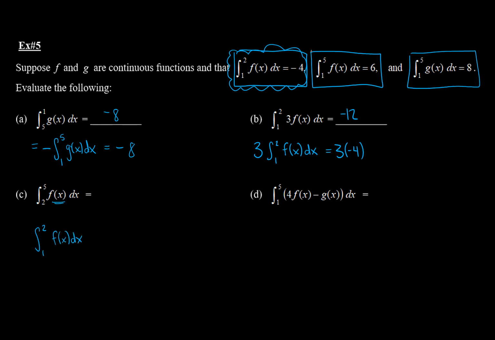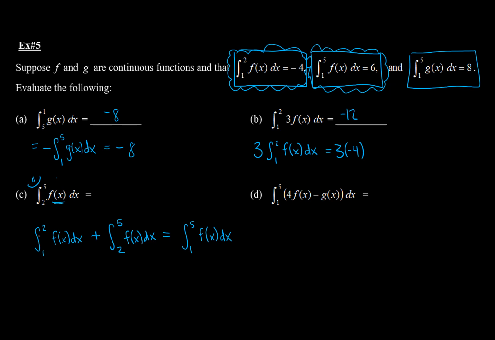And I also have 1 to 5 of f of x. Let's think about those properties. Well, first of all, who's bigger, from 1 to 2 or 1 to 5? Yeah, if something's wider, it's bigger. So I need to have something over here. Now, if you remember those properties, if I go from 1 to 2, I can get to 5 if I put the number 2 down here. And that's where the magic is.